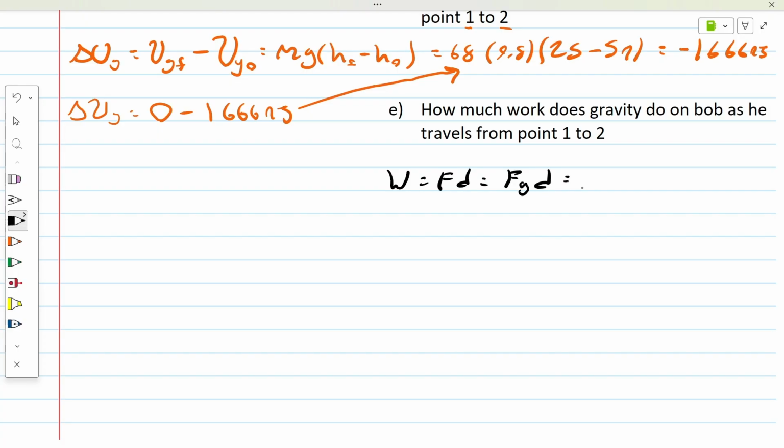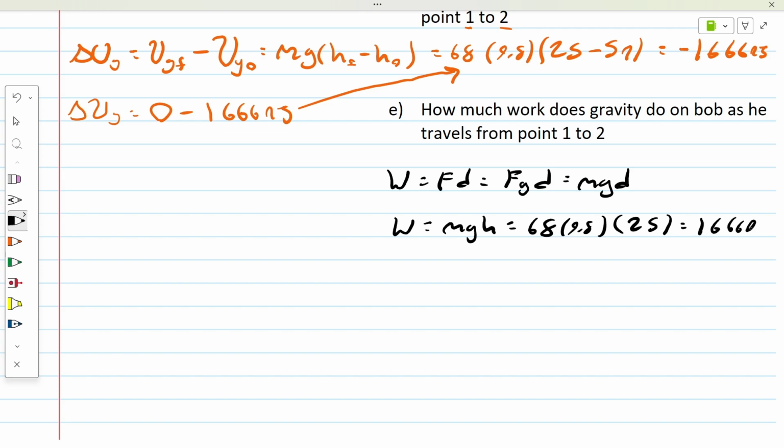And notice Fg equals mg. So we just get mg times the distance, which in this case is the height from point 1 to point 2. So the work equals mg times the height, which is 68 times 9.8 times the height from point 1 to point 2, which we found earlier was 25. So we will get 16660 joules.